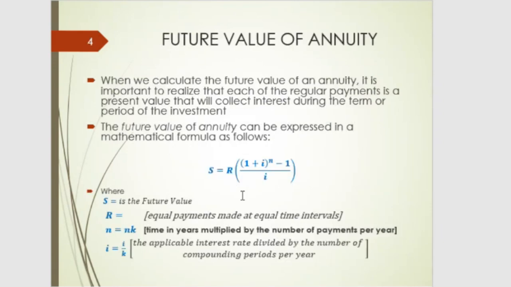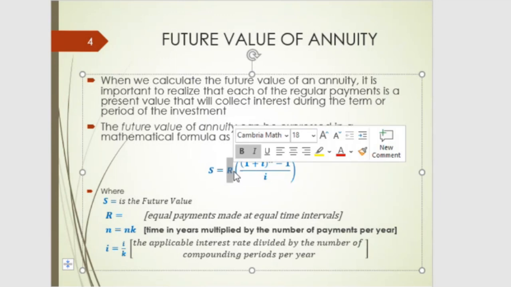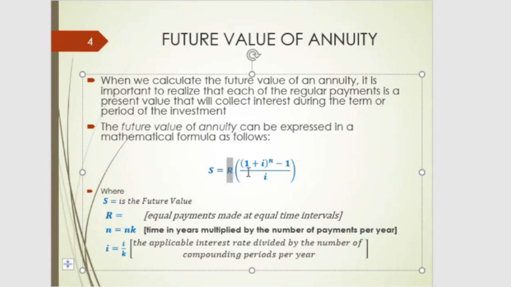So let's talk about the future value of annuity. We spoke about the future value of annuity, and this is the formula, as you can see on the screen: S equals R into (1 plus i) to the power n minus 1, over i. Here R is the regular payment, i is the interest rate per year compounded at a certain period, and n is the number of periods.